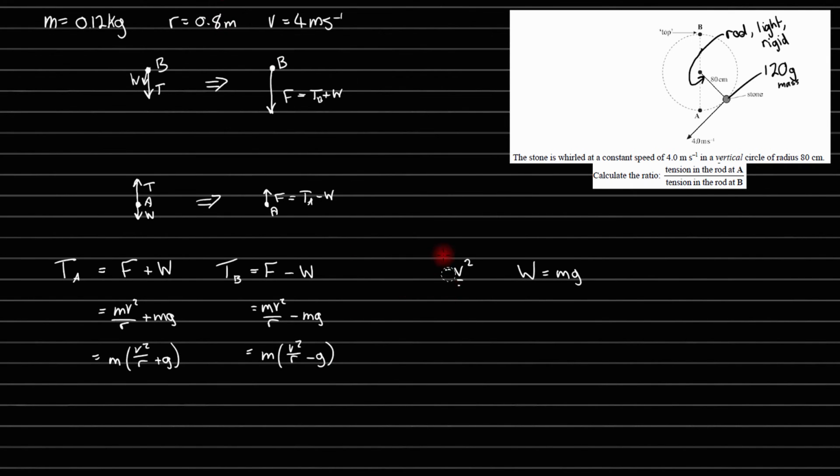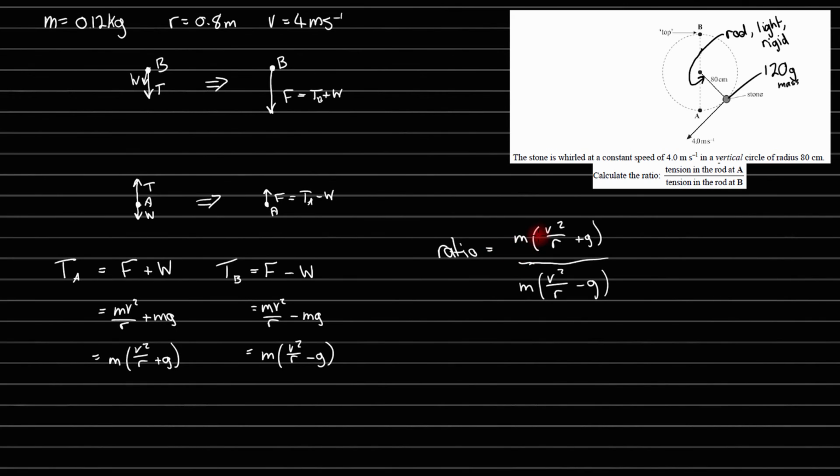I'm just going to quickly rub this out so I have a bit more space over here on the right. And so, using the two tensions, we can plug that into our ratio. The ratio would equal the tension in the rod at A, so this equation, m times v squared over r plus g, all divided by the tension in the rod at B, which is what we got here, m times v squared over r minus g.